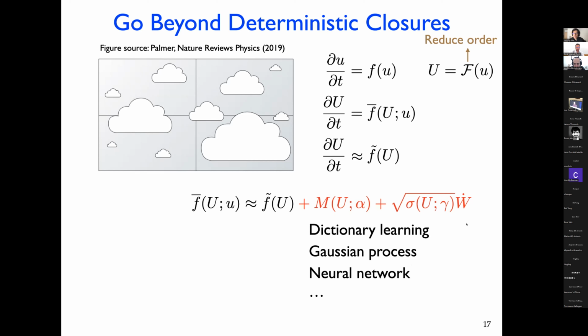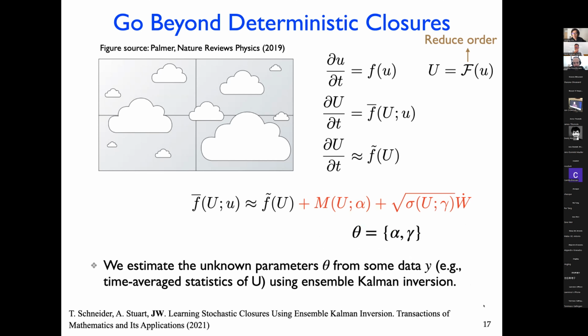After we choose the specific form of parameterization, M and sigma, the remaining unknown is just the parameter theta that carries the unknown parameters alpha of the M term and unknown parameters gamma of the diffusion coefficient. The general goal, similar to the previous two parts, is to estimate the unknown parameters theta from some indirect data y, such as time average statistics of the state variable u, using ensemble Kalman inversion.